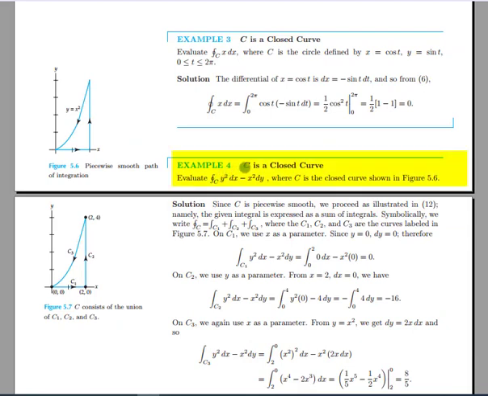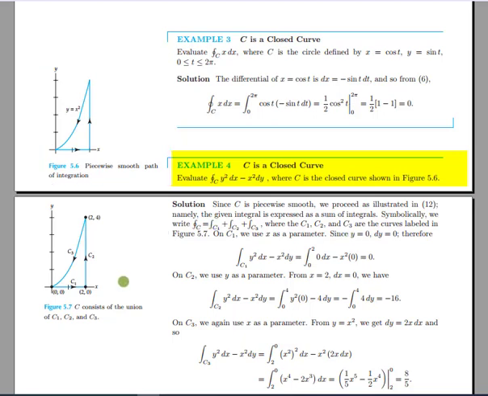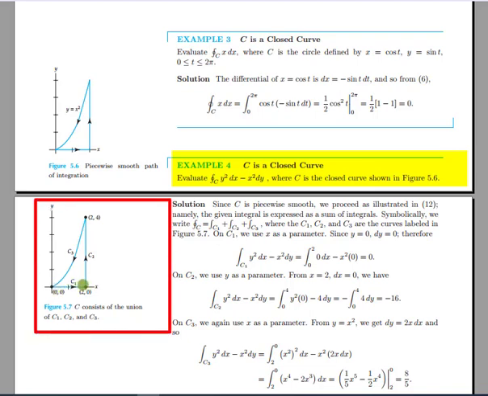In example 4, C is a closed curve. The question is to evaluate the integral over C of y square dx minus x square dy, where C is the closed curve shown in figure 5.6. You can see that this closed curve comprises three curves: first C1, then C2, and then C3.